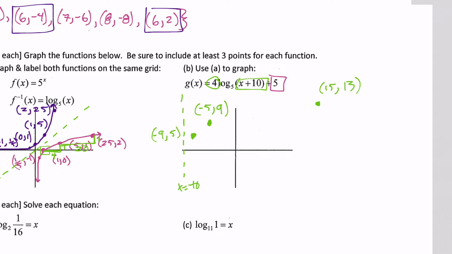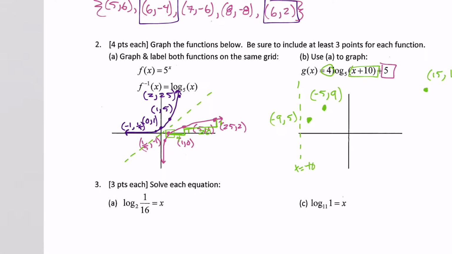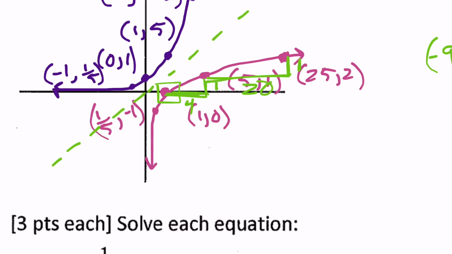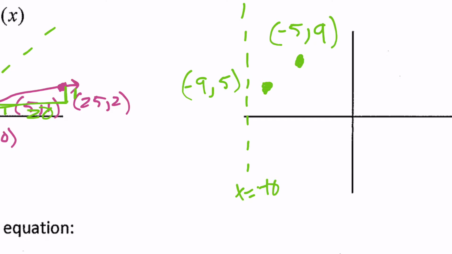Now I could do the same thing one more time if I wanted to work backwards and use that fraction point. That was at 1/5. You think of it as being 1/5 to the right of the asymptote. So our point here is going to be about right there.